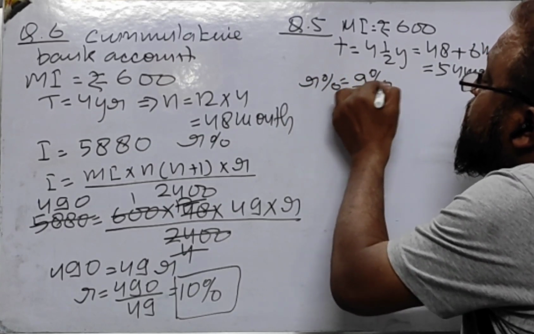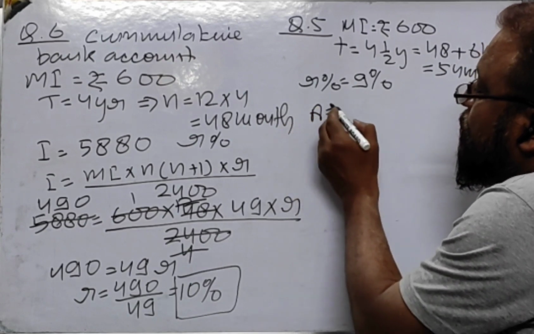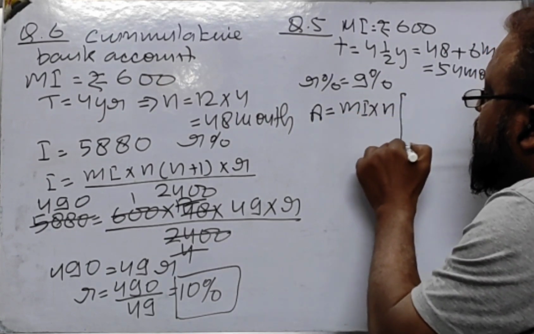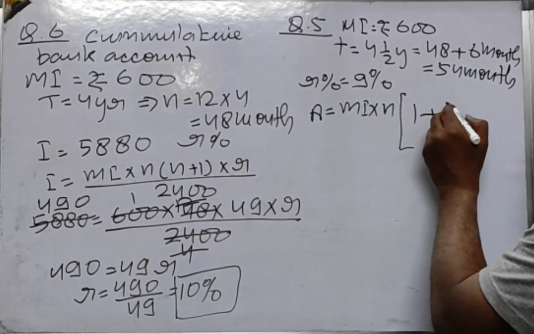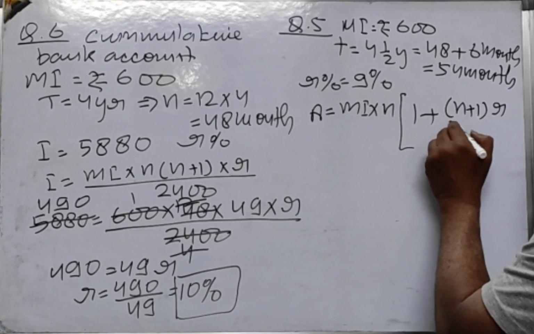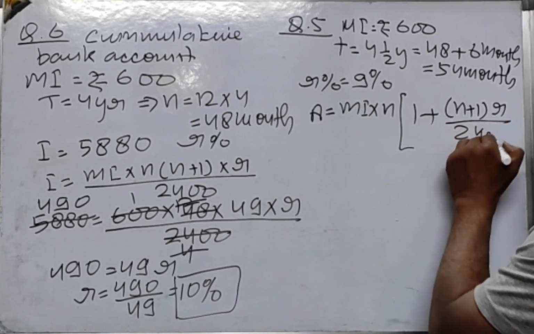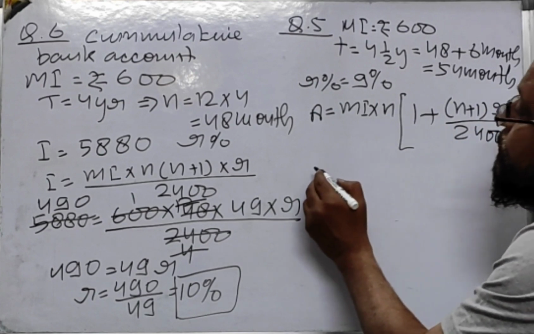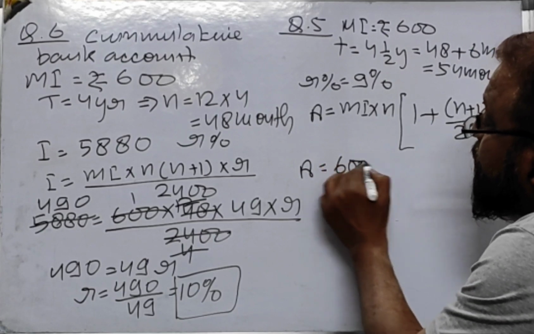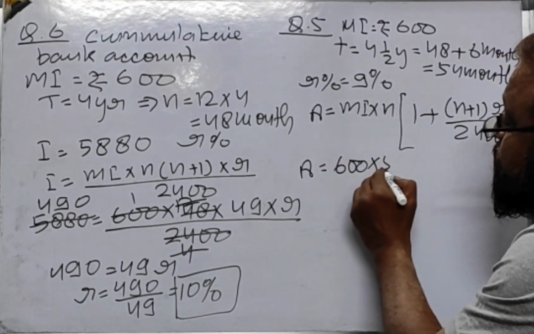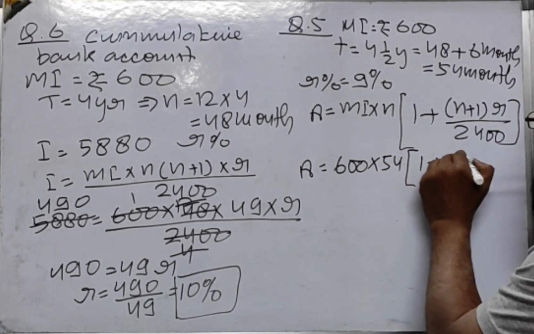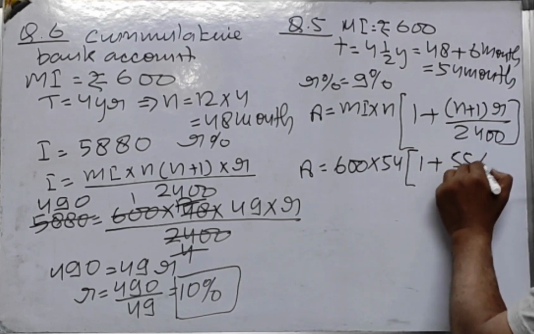So amount at maturity is equal to MI into N bracket 1 plus N plus 1 into R upon 2400. Right? So MI is 600 and time is 54 months bracket 1 plus 55 into rate of interest is 9.